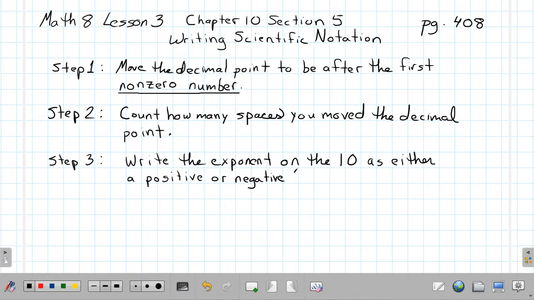And I'm going to put on here whichever makes sense. And once again, if you're not sure which one makes sense for you to use, whether it's positive or negative, that's what we're going to talk about in the examples.